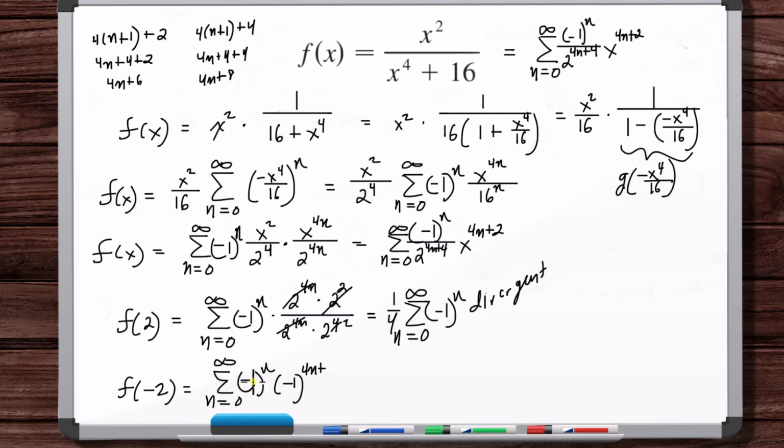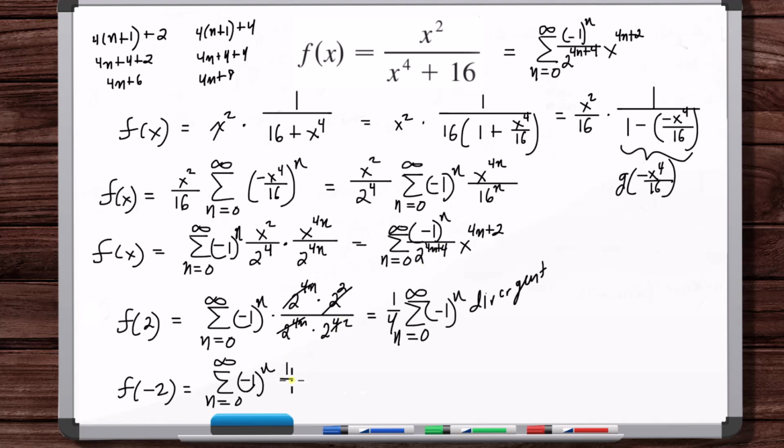So you can just leave minus 1 to the n. Same thing. You just have to see, you combine them, you get minus 1 to the 5n plus 2. Does that make every even term positive or every odd term positive? Because with alternating, you could just put either minus 1 to the n or minus 1 to the n plus 1, you know?